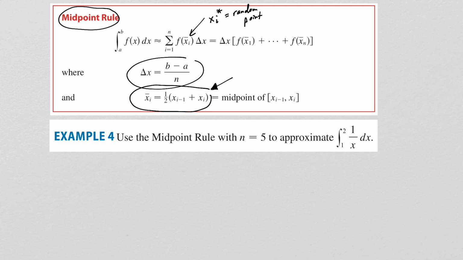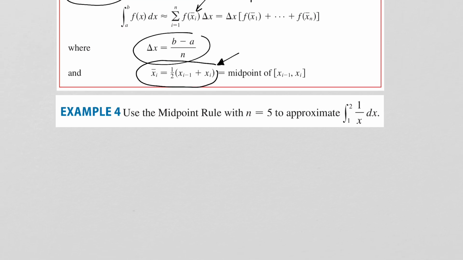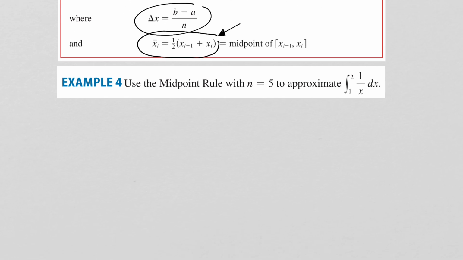So let's take a look at an example. Use the midpoint rule with n equals 5 to approximate the integral from 1 to 2 of 1 over x. The important thing here is we're going to take the interval from 1 to 2, and divide it up into 5 parts. So we need delta x.